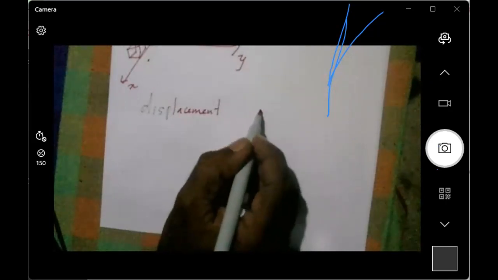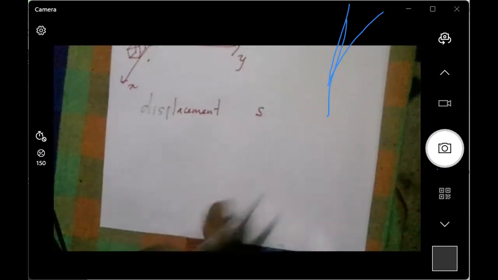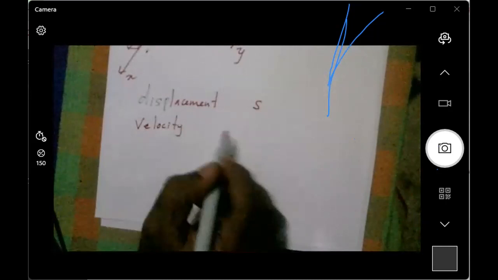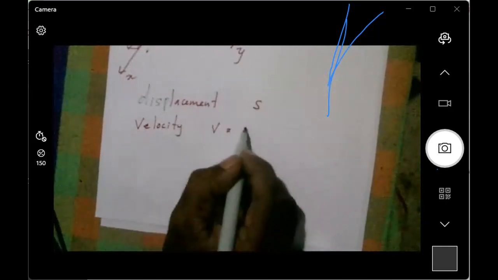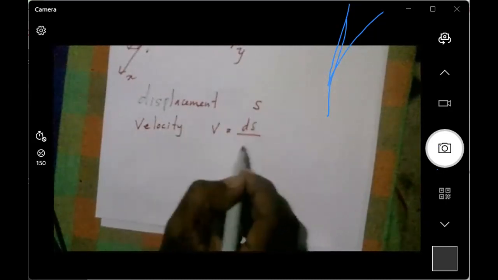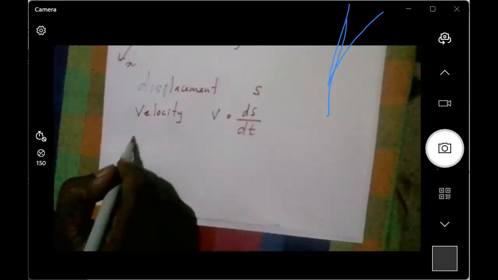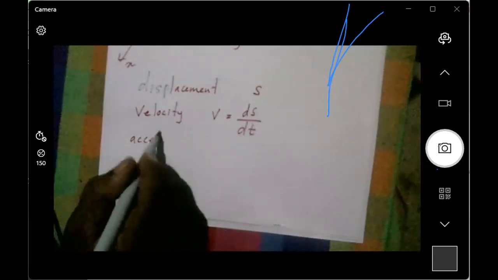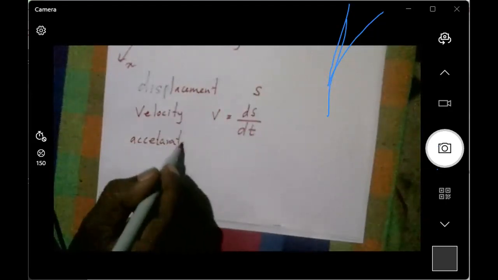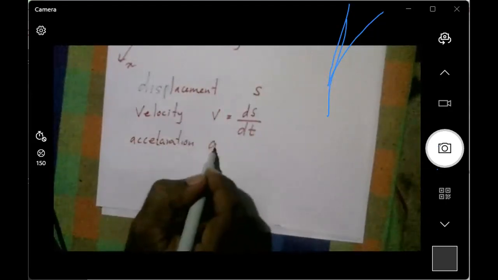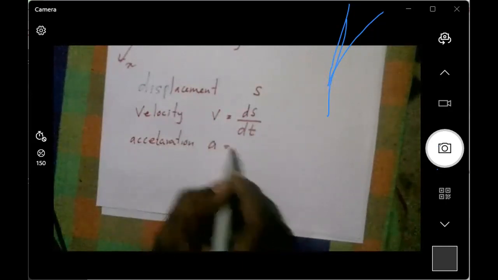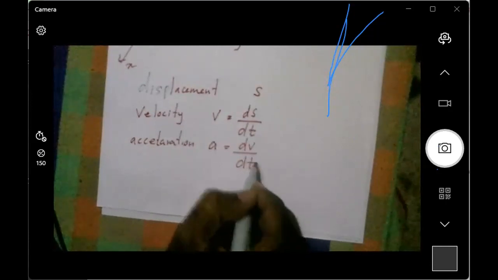We denote it by the letter S in 1D, and then velocity, which is V, is the time derivative of displacement, and the acceleration, typical letter A, is the time derivative of velocity.